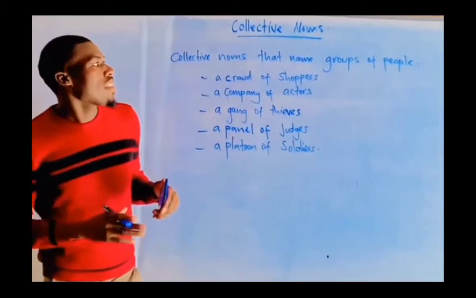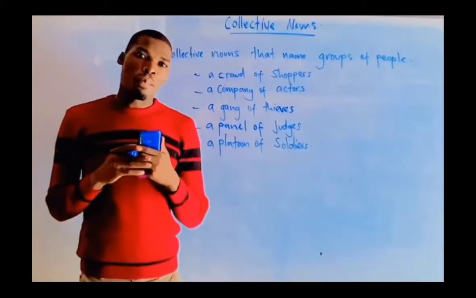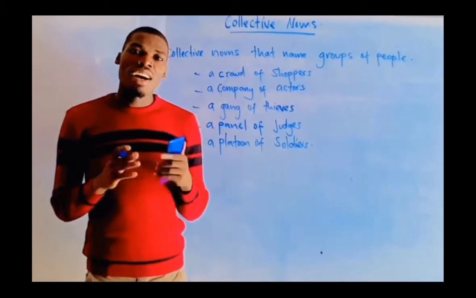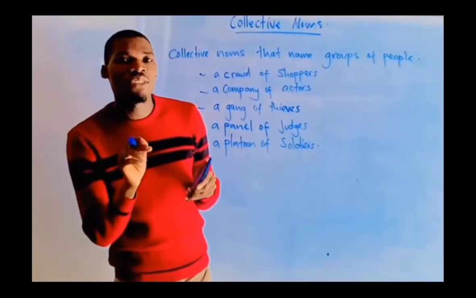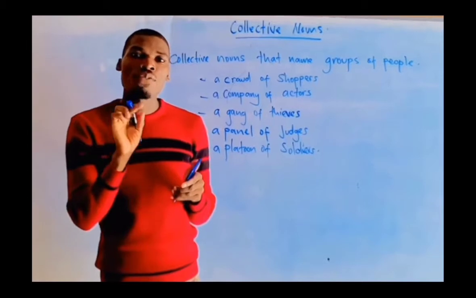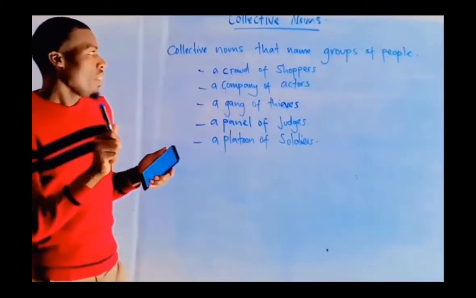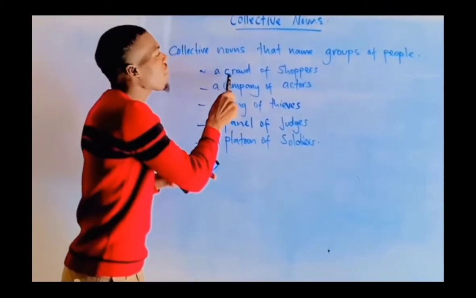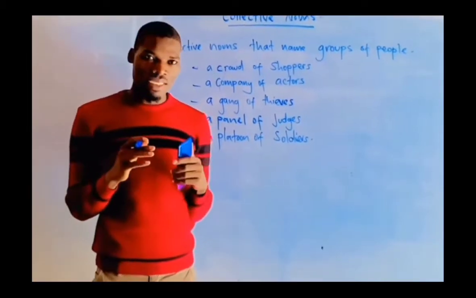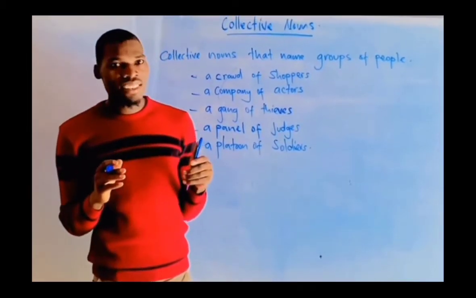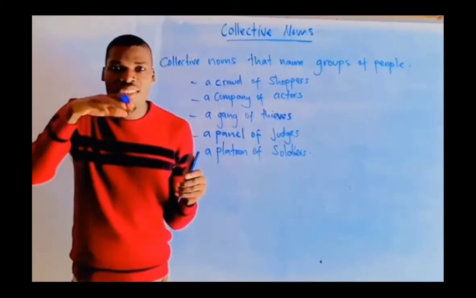Let us look at more examples. Collective nouns that name groups of people. Now, I have brought for you some words which we use to name groups of people. Number one, a crowd of shoppers. Have you ever gone to the market and found many shoppers around?